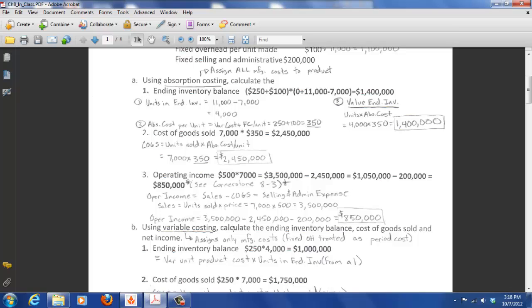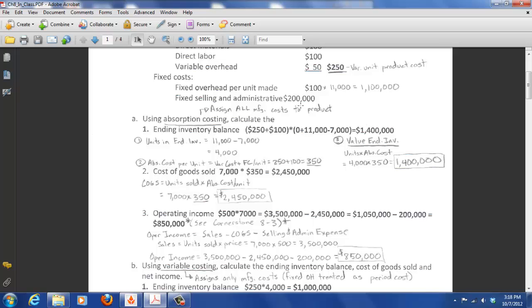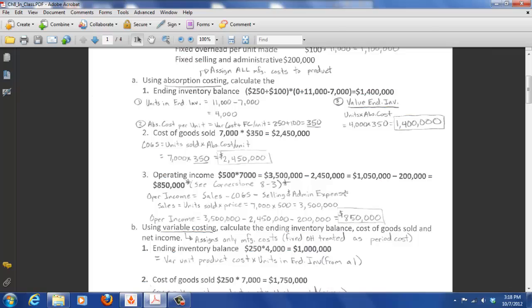So we bring down the sales, 3.5 million, the cost of goods sold that we calculated above, and the selling and administrative expenses, which we can grab right out of the problem. We see that for absorption costing, the operating income is $850,000.